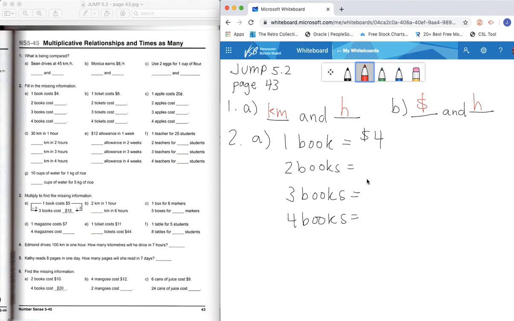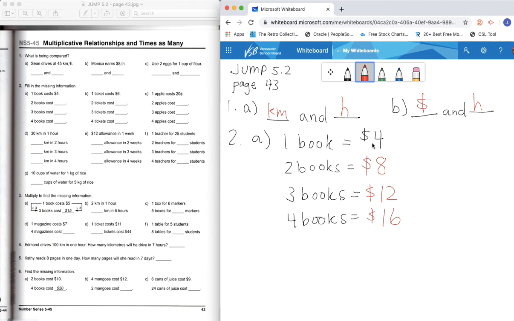All right, so 4 times 2 is 8, so it's $8. Make sure you have the dollar sign, please, at the front of the number. 4 times 3 is $12, and 4 times 4 is $16. Okay, so that's what you have to write in the blanks. 8, 12, 16. So that's all you have to do, you multiply.